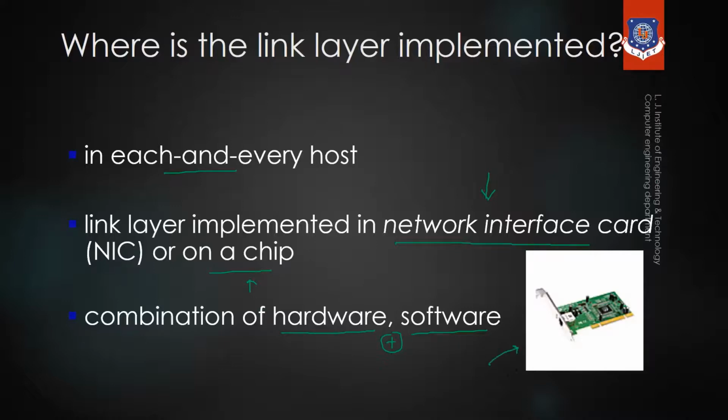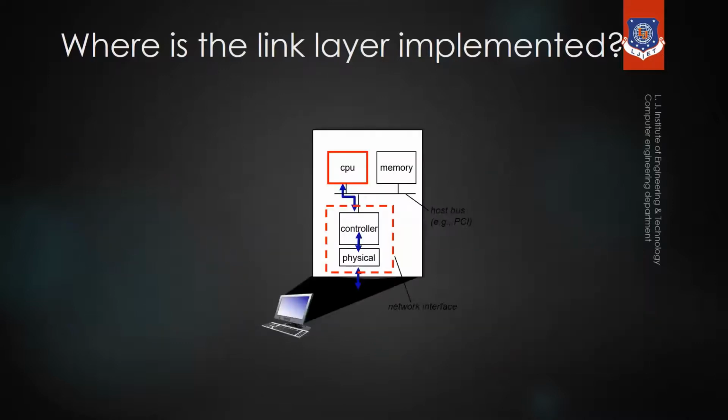This is the figure or photograph of the network interface card, which can be found in laptops or in old PCs. Here you can see the computer has many components, such as a network interface card, a memory, and the central processing unit, and all these blocks are connected via a high-speed bus.